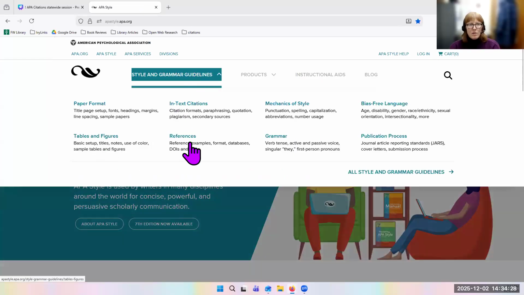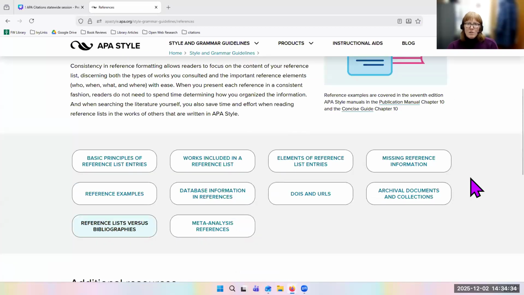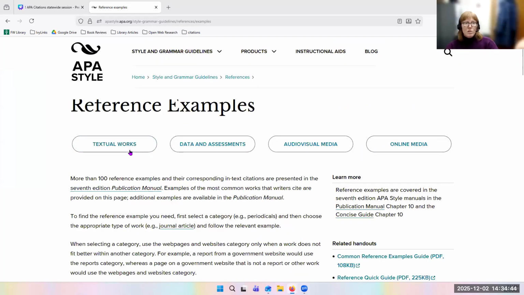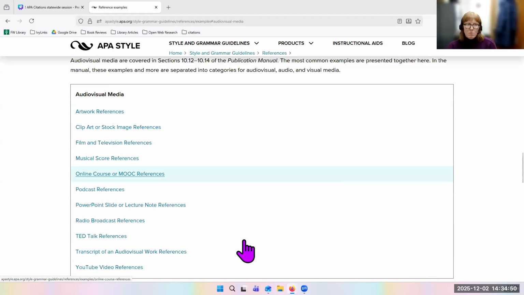So APA Style, and I like to go to either references or in-text citations to get those examples. In the references, it will break it down to lots of different information. I like to find reference examples here, and that will give you the different types of source. Say it's a text work, an audio visual. I'm going to click audio visual, and then it gives me an even bigger list.